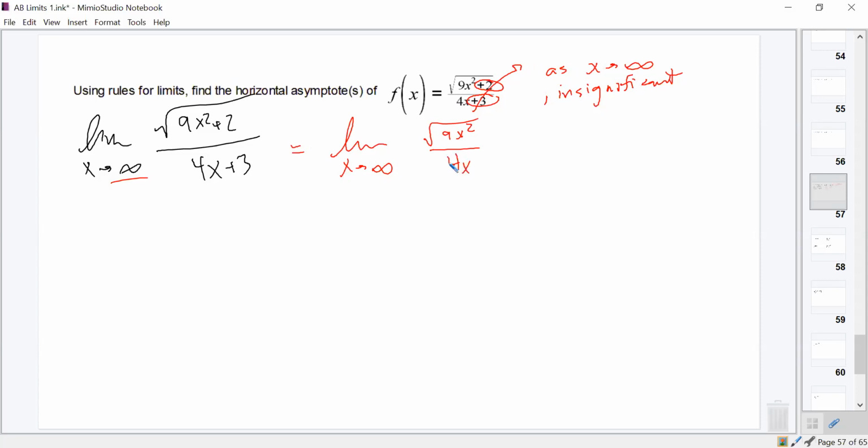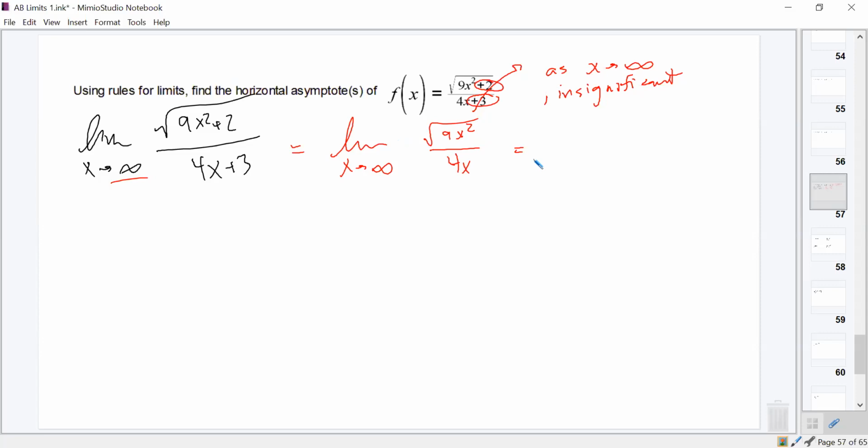We're just going to get rid of them. And that's perfectly fine because that's essentially what we were doing when we were dividing by the highest degrees anyway. When we divided by the highest degrees, all of those things got very, very close to 0. Well, they're still getting very, very insignificant. So now we need to simplify down this root 9x squared.